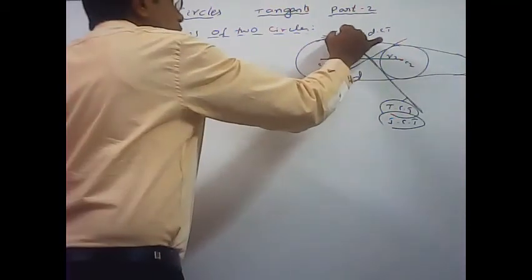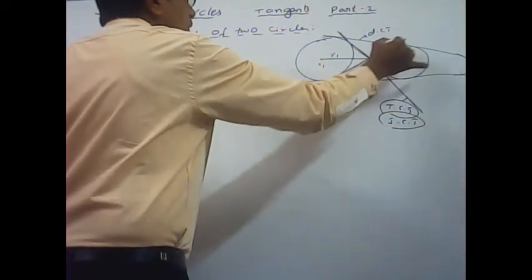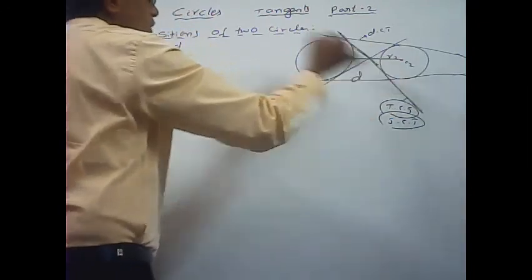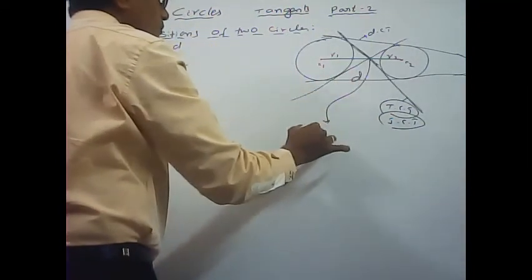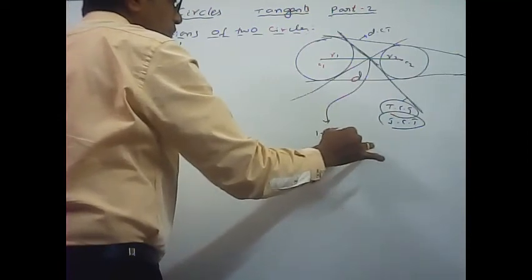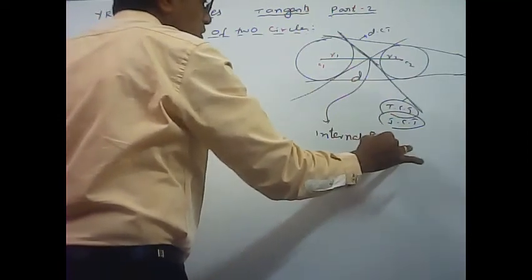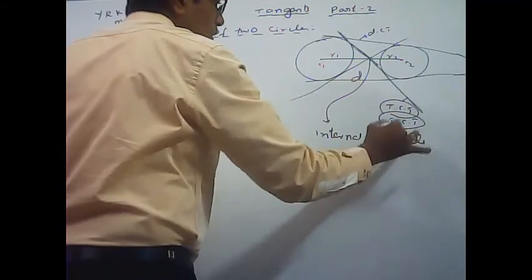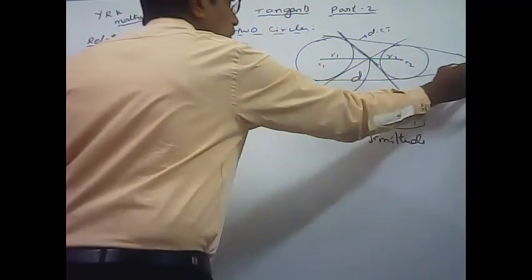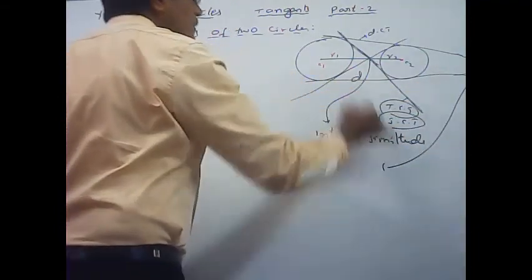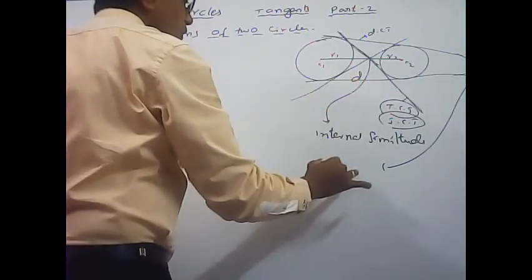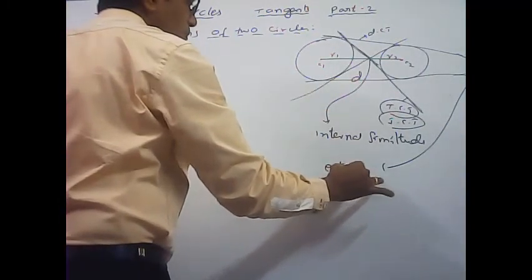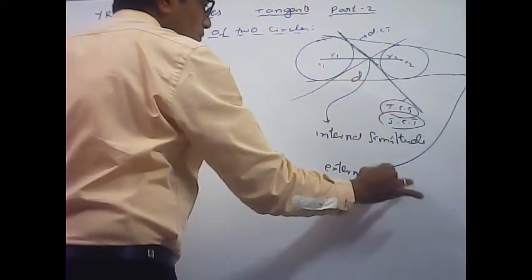And the point of intersection of the transverse common tangents we say is the internal similitude. And the point of intersection of the direct common tangents, that is the external similitude.